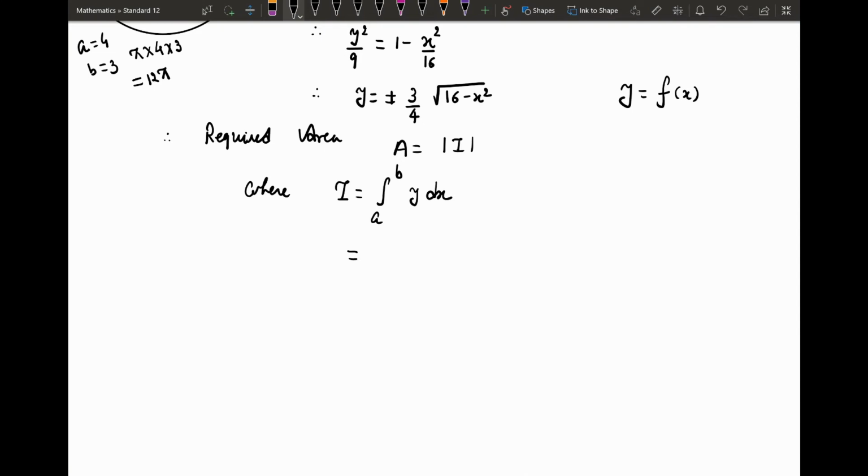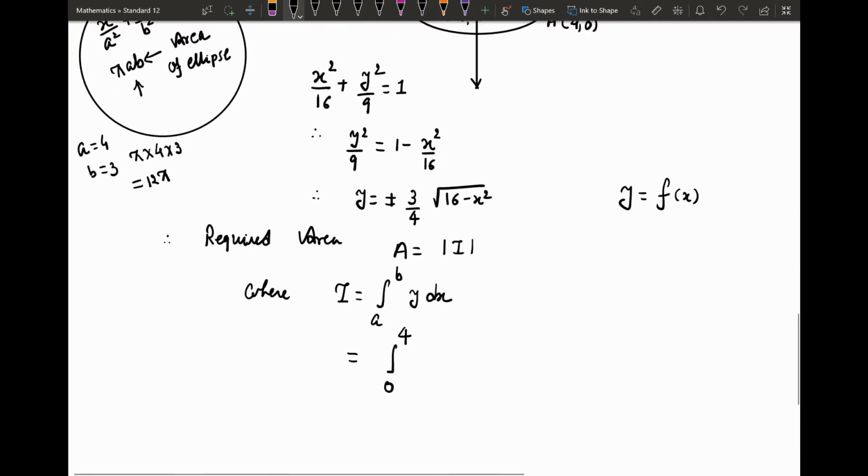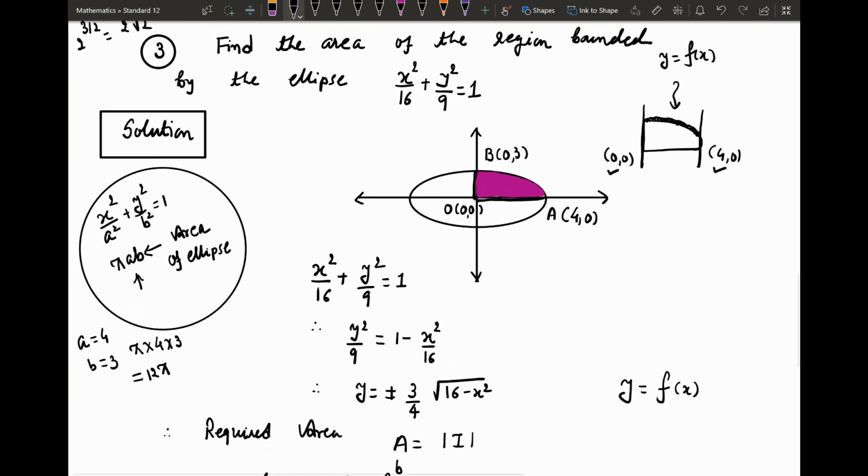As shown in the figure, limit will be 0 to 4. Here limit a to b, so x equal to 0, here x equal to 4, bounded by x axis.